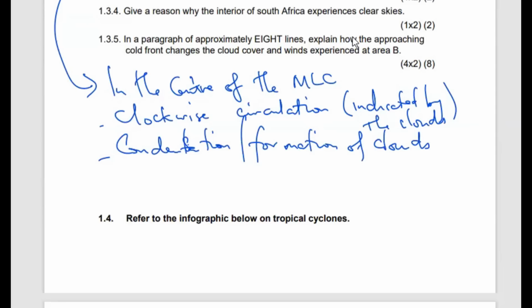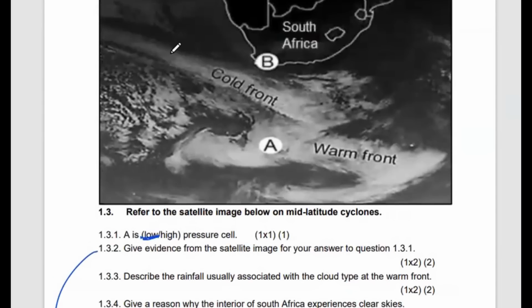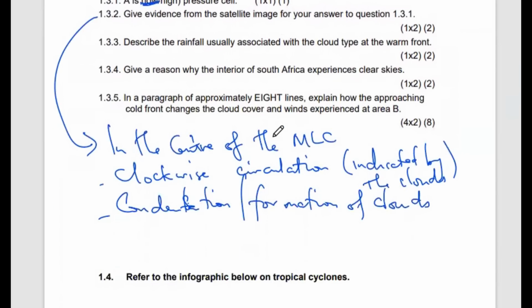We cannot have clouds if we are having an anticyclonic system. If the center of the system was anticyclonic, it was going to give us clear conditions. But because we are having evidence of condensation taking place, because of the formation of clouds that you are seeing there, that white illustration here is in the form of a cloud. These are clouds that you are seeing. So for these clouds to effectively form, it means we have a low pressure system at the center of the system here. We cannot have cloud formation if you are having anticyclonic conditions.